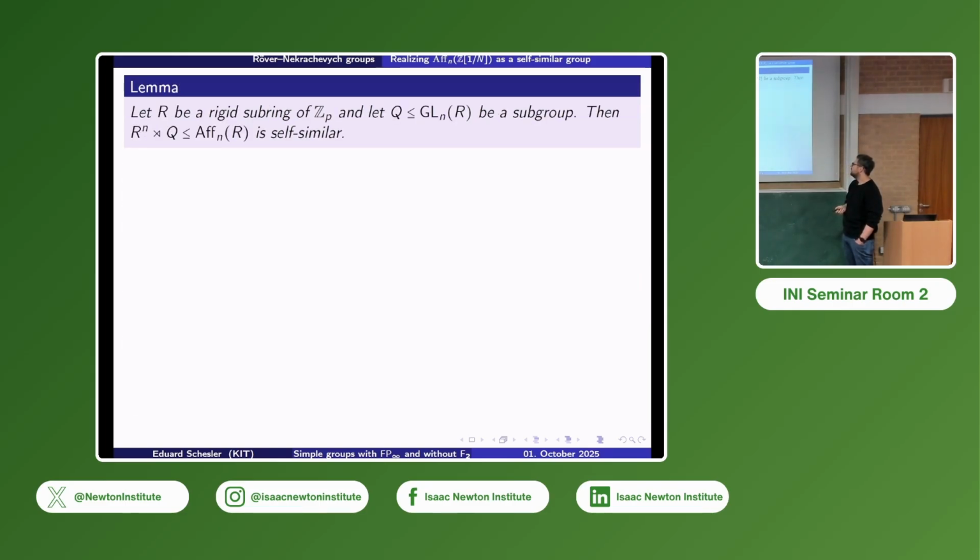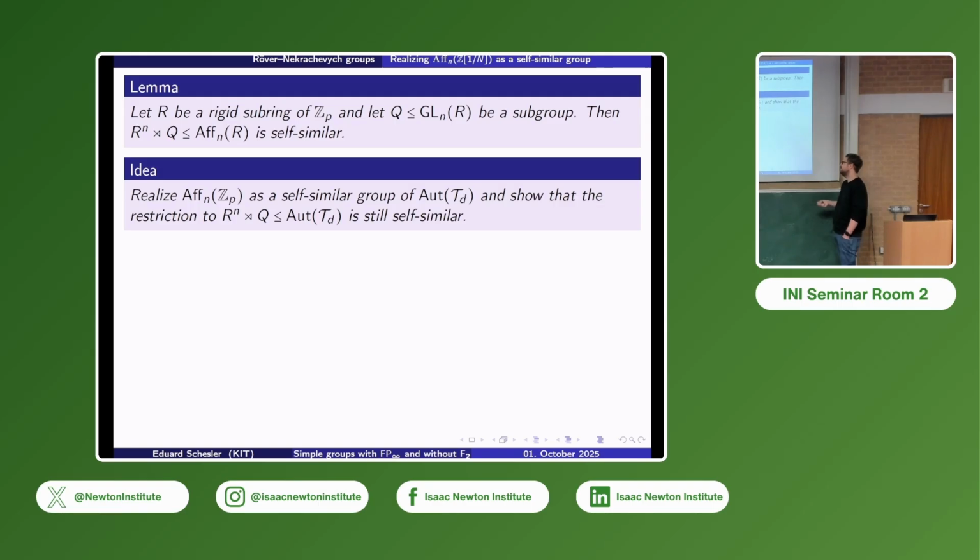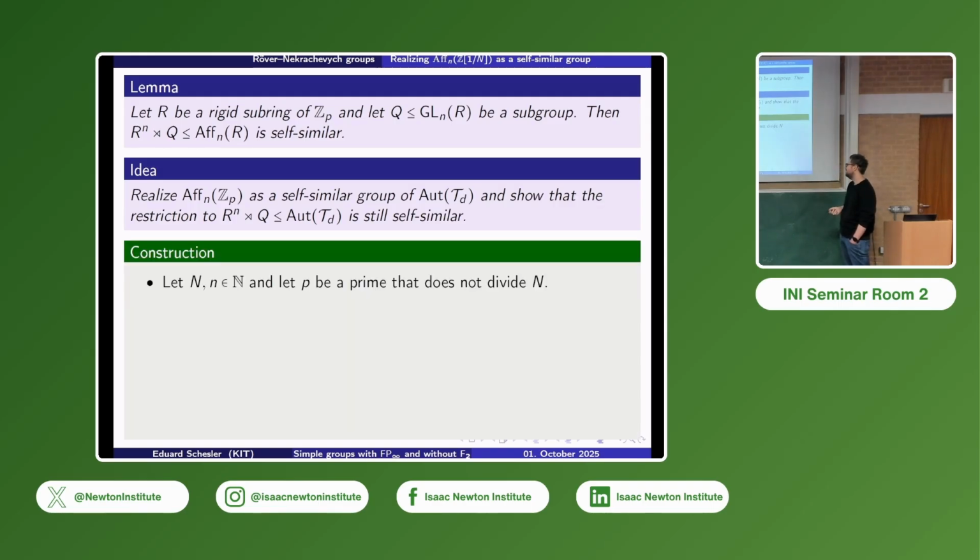Yeah, and what we want to show is that whenever we have such a rigid ring and an arbitrary subgroup Q of the general linear group over R, then it turns out that after adding the affine part to Q, it becomes self-similar. This is not such a deep result. Nice, it's an easy observation actually.